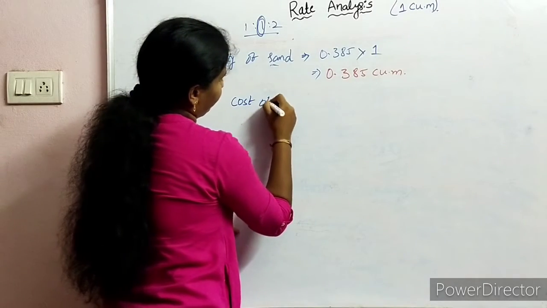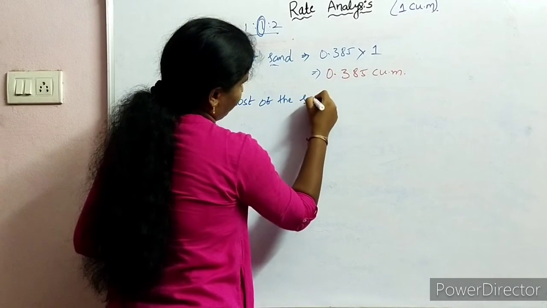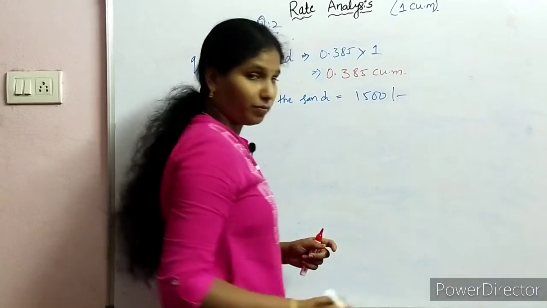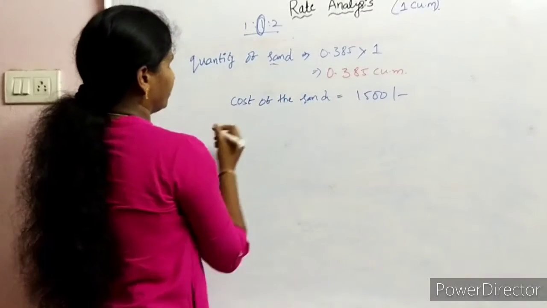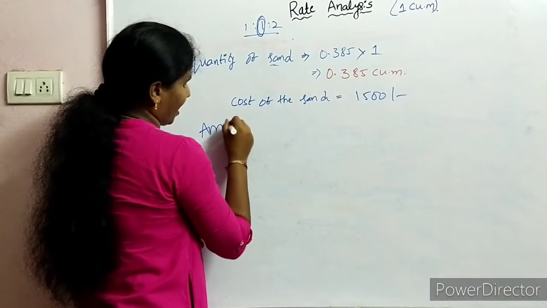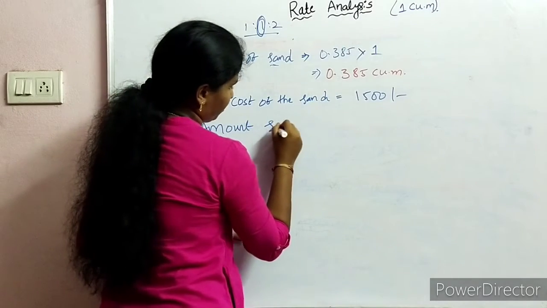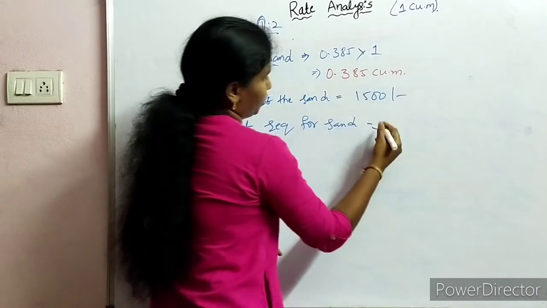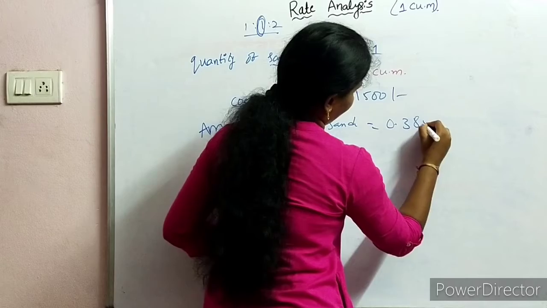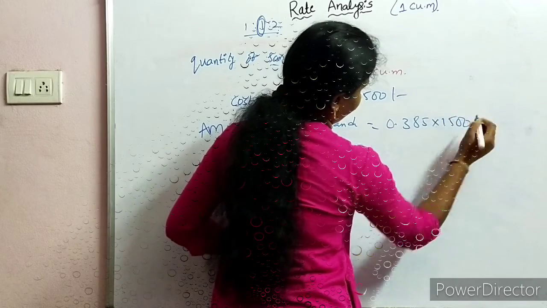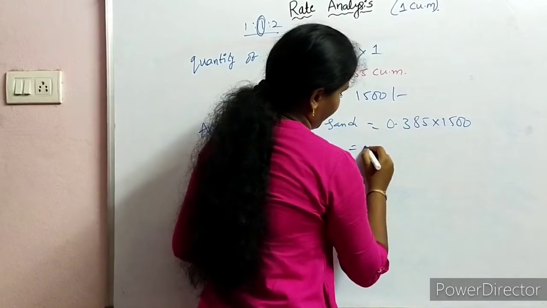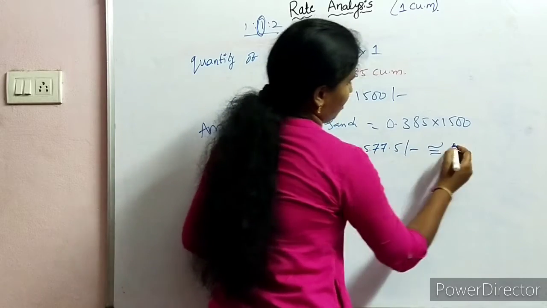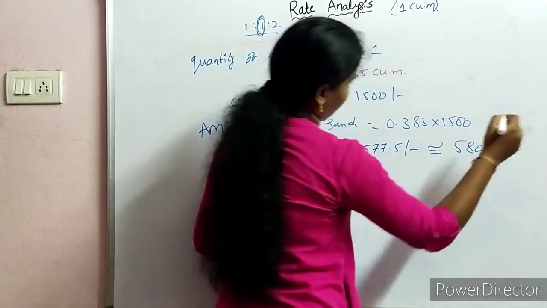Cost of the sand is 1500 rupees for 1 meter cube. Now amount required for sand is 0.385 into 1500, so we will get 577.5 rupees. We will take it as 580 rupees.